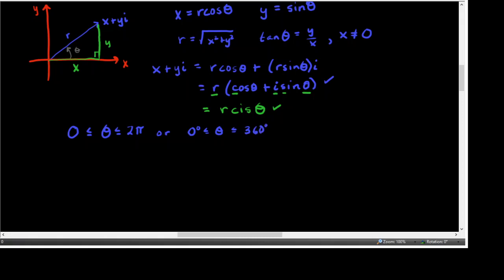Now, other intervals for theta would work for the argument if we wanted to use them. Those are kind of the common ones that most people use.